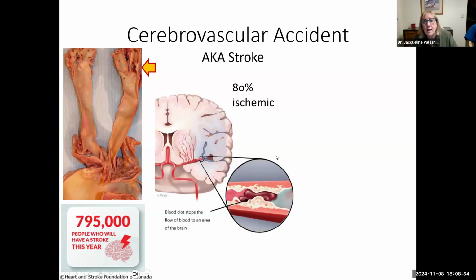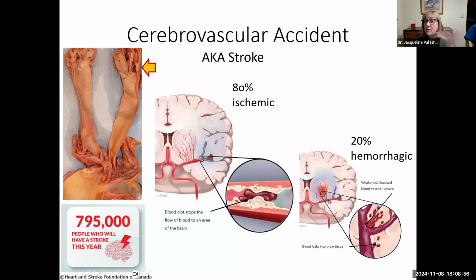Now, the other type of stroke is when, for instance, if you had a berry aneurysm or any other kind of weakness and the blood vessel bursts, and so you get hemorrhage into the area. Now, it's very important that in the emergency room they determine which type it is, because if you get to the emergency room within an hour, if it's due to a blood clot, there are medications that we can give you to bust this clot so that you can start getting blood through this.